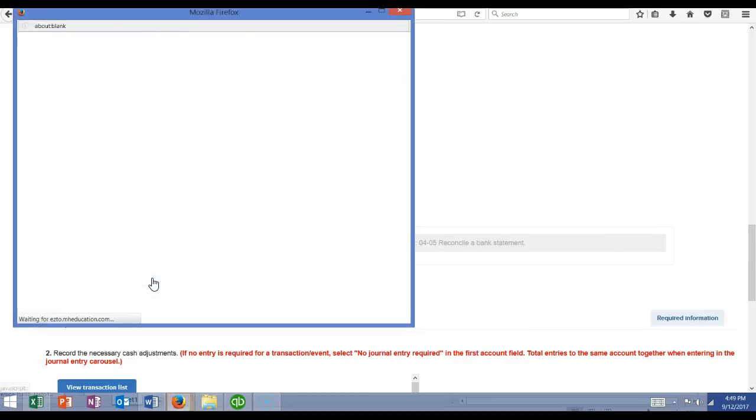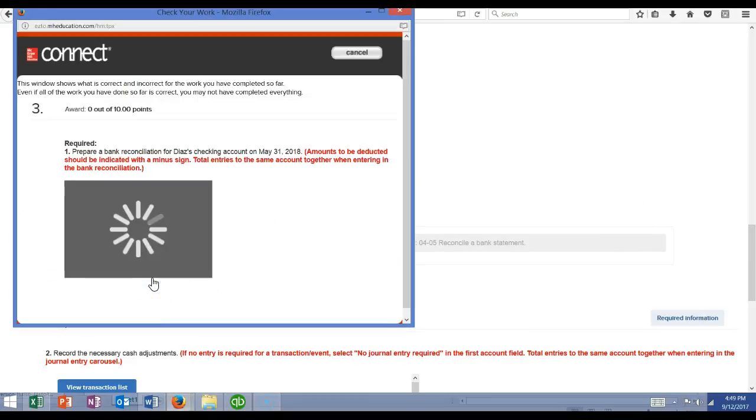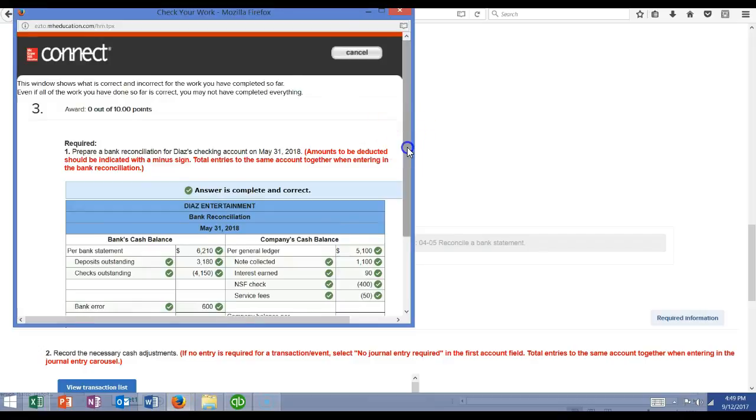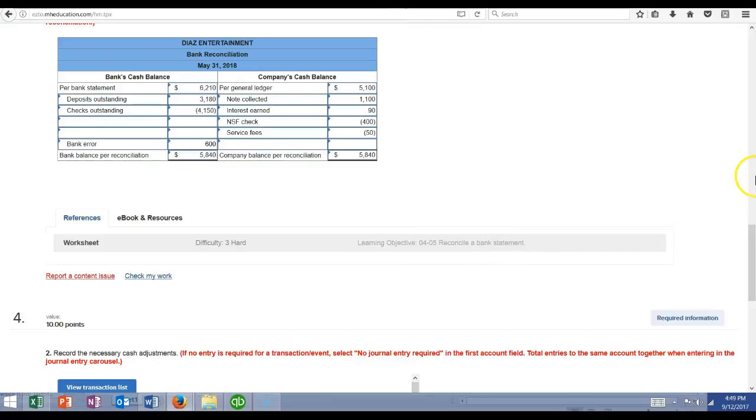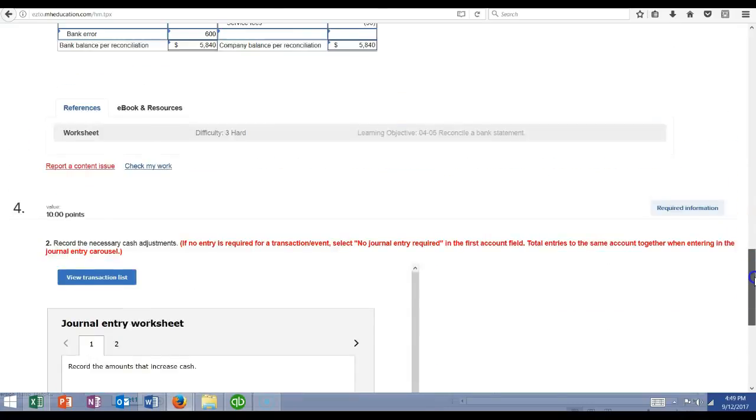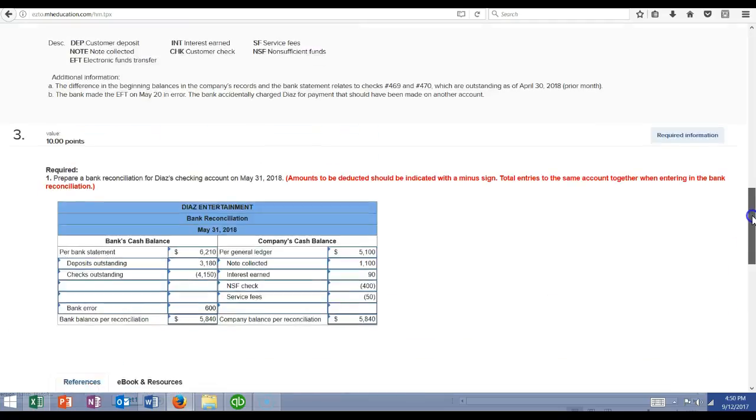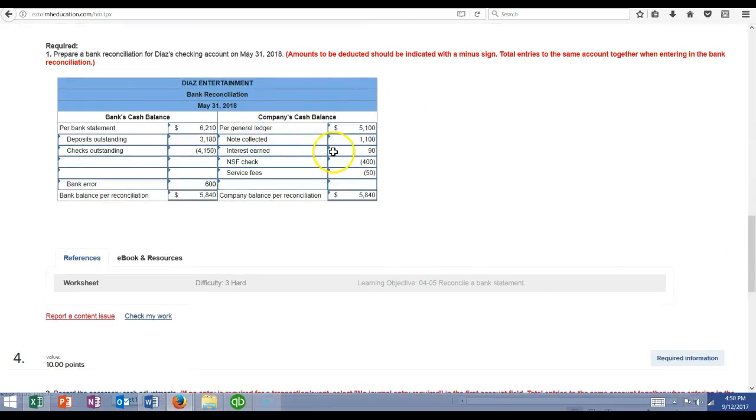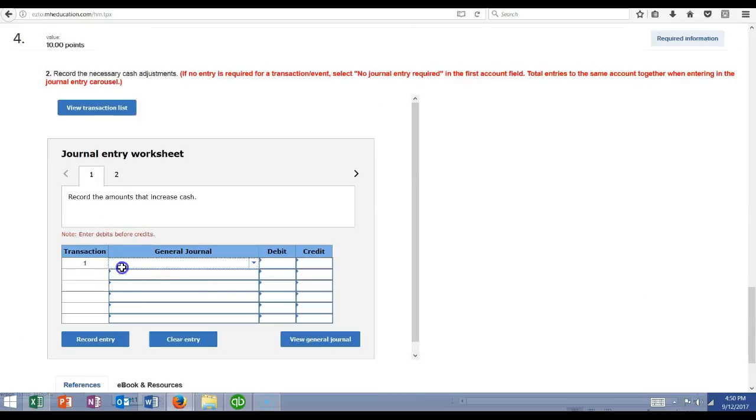Again, we can check your work to see that everything is correct. Then the next thing we'll do is record the journal entries. So we're going to record amounts that increase cash. The note and the interest are the two items that increase cash.